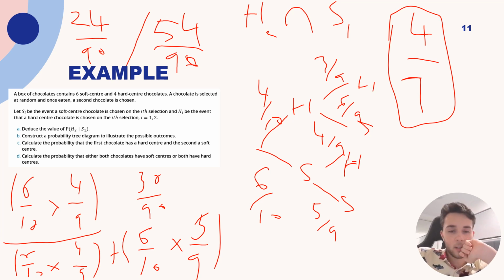So soft is 6 times 5, 10 times 9, so 30 over 90, or 1 over 3. And you're going to add 1 over 3 to whatever hard is. 4 over 10, 3 over 9 is 12 over 90. So it'd be 42 over 90 in total. Right. 45 plus 12. Sorry, 57 over 90.